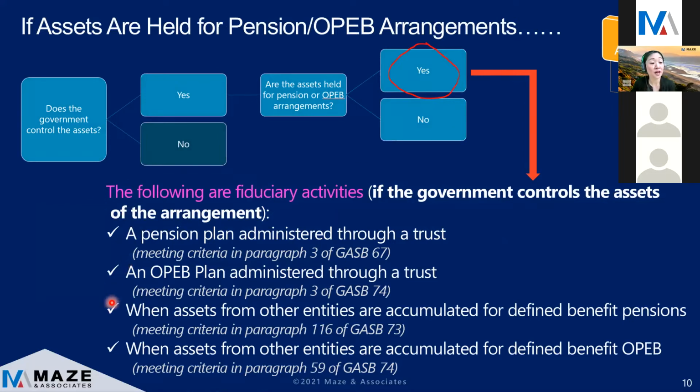These four types of activities will be considered other activities of fiduciary funds under GASB 84. So they are a pension plan administered through a trust, an OPEB plan administered through a trust, when assets from other entities are accumulated for defined benefit pensions, or when assets from other entities are accumulated for defined benefit OPEB.